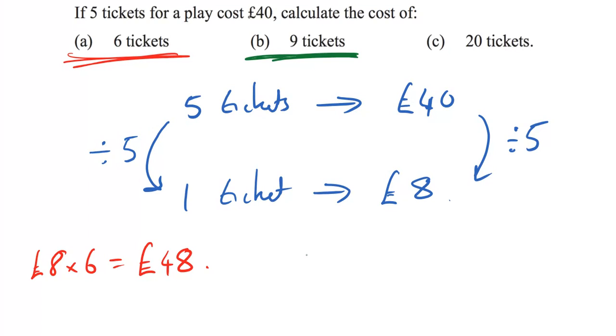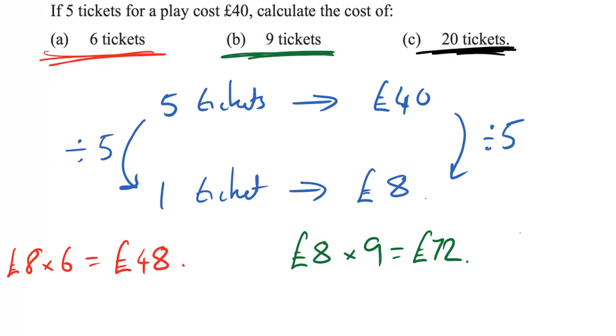So I'm going to need to do my £8 for 1 ticket, and I'm going to multiply it by 9. 8 times 9 is £72. And then finally, for 20 tickets, I'm going to take my 1 ticket worth £8, and I'm going to multiply it by 20. My 20 tickets are going to cost £160.